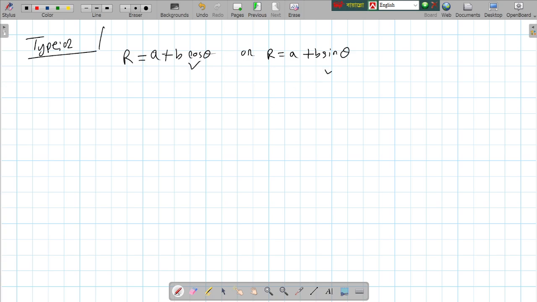Cos theta and sin theta are indicators which indicate whether the graph lies on the x-axis or y-axis. So if the function is in cos theta, it means the graph is along the x-axis, and if the equation is in a sine function, it means the graph is along the y-axis.